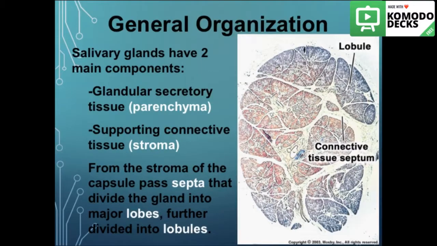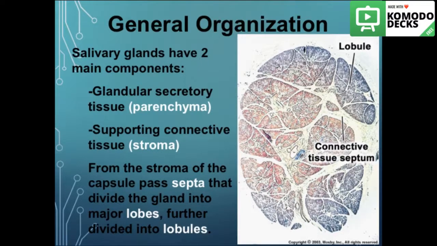The general architecture of these glands is divided into two main components: the secretory tissue, which is the parenchyma, and the supporting connective tissue. We know always that the connective tissue serves for nutrition and support.